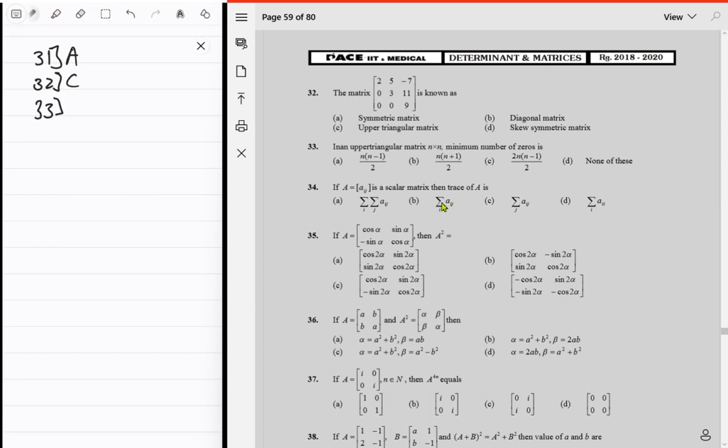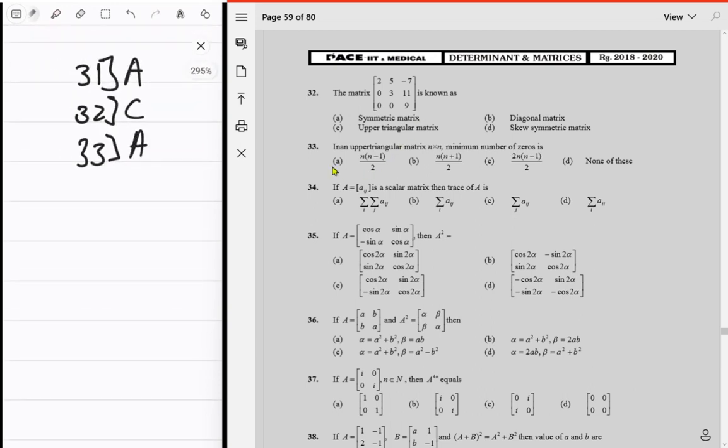Look at this: the first row has n minus 1, the second has n minus 2, this one has n minus 3. So the sum from 0 till n minus 1, which happens to be n times (n minus 1) upon 2. So that is A.